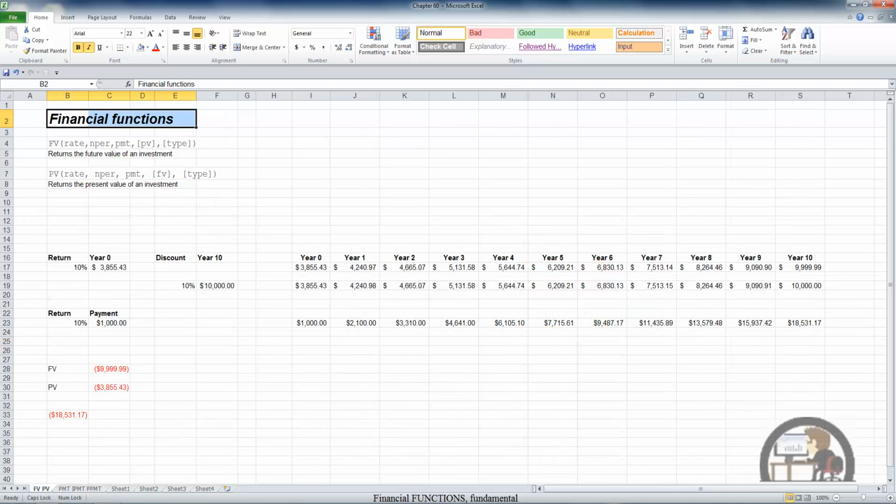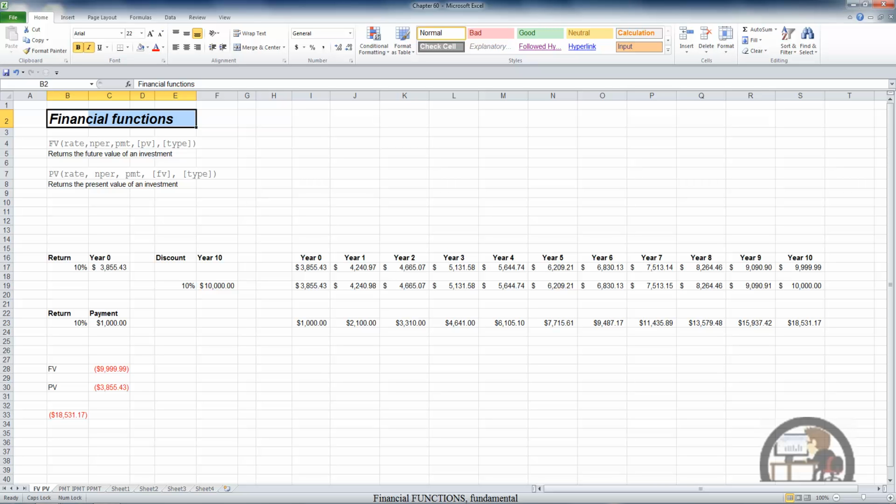So those are some basic financial functions. We started with looking at the future value and present value function. The future value will return what the value of a current lump sum of money is, given a rate of return over a period of time. And you can also include payments or deposits made each period to determine what the future value will be. The present value will take an amount of money that's in the future and discount it to give you what the current purchasing power of that future value is, after applying a discount rate.